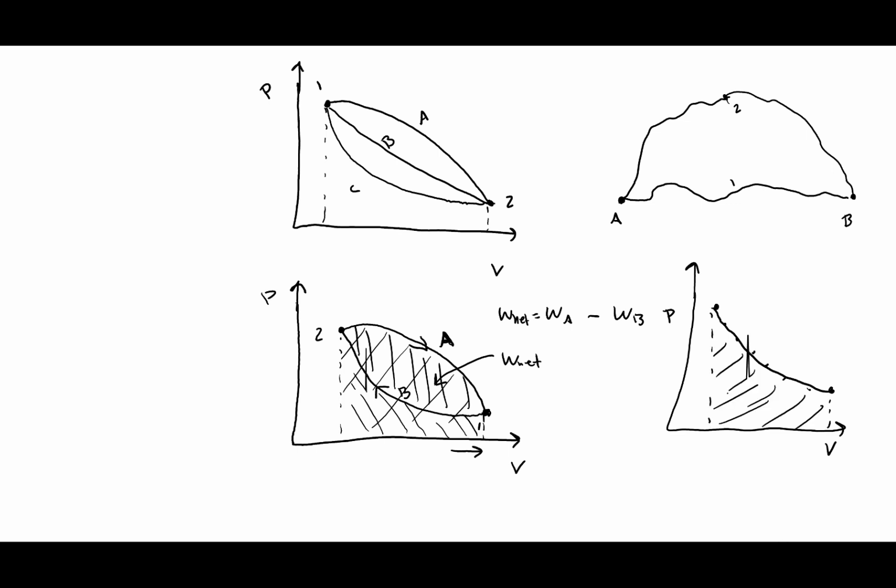So the equations discussed so far are assuming that we have a quasi-equilibrium or quasi-static process. But let's say we have a non-quasi-equilibrium process. We can still use this equation.